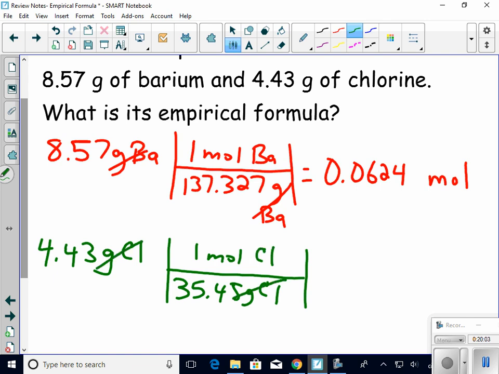My grams of chlorine cancel. I'm going to get this value in moles. So I take 4.43 divided by 35.45, and I get 0.125 moles.